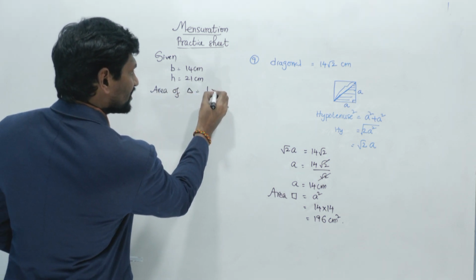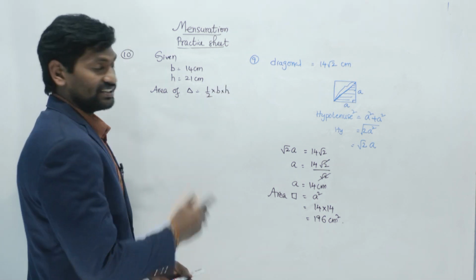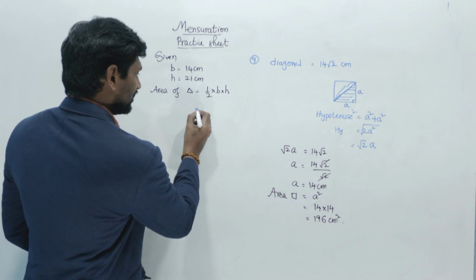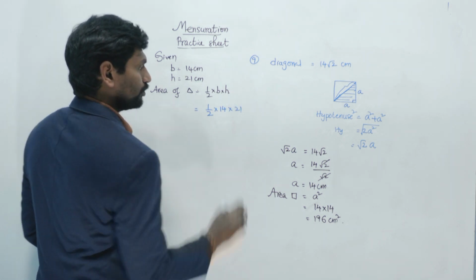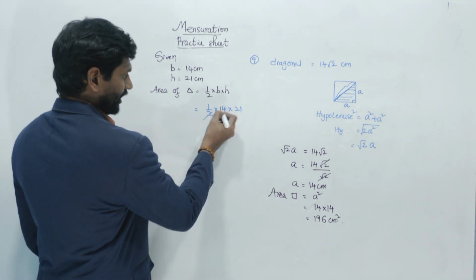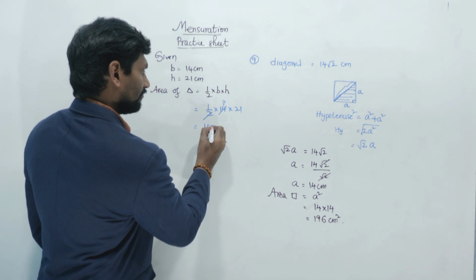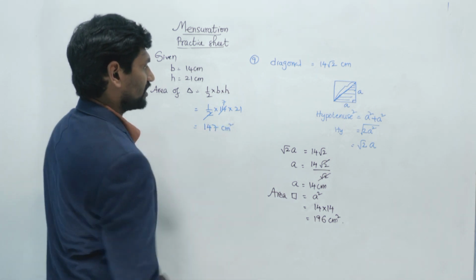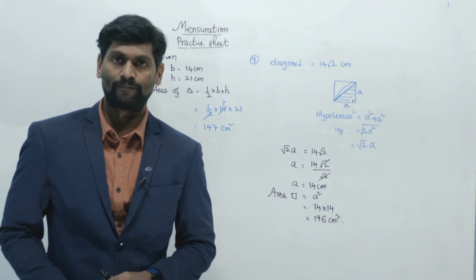Yeah, half base into height. Just substitute the values here. That is equal to 1 by 2, base value 14, height value 21. 2 sevens are 14, 7 times. So this will be 147 centimeter square.